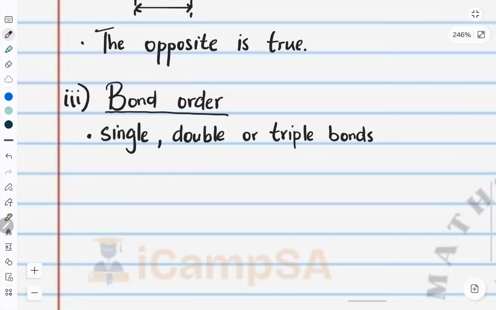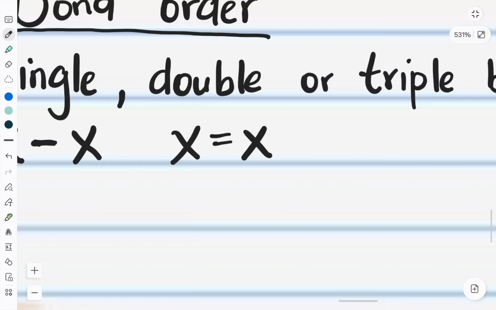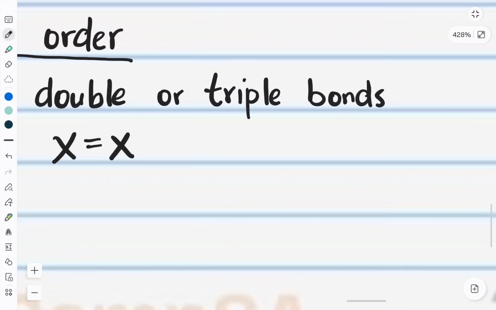Right. So remember, when it's a single bond, you'll just have atom X bonding like this, and then there's one line in between. Usually for a double bond, it's atom X and atom X again, or atom A and atom B, and then these double lines show us that that's a double bond. And usually a triple bond, you have three lines like this.